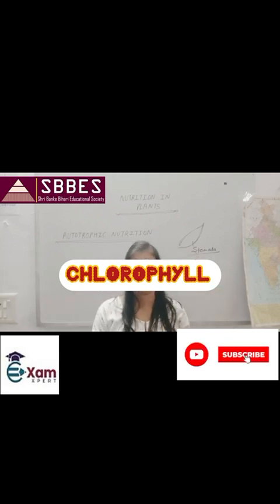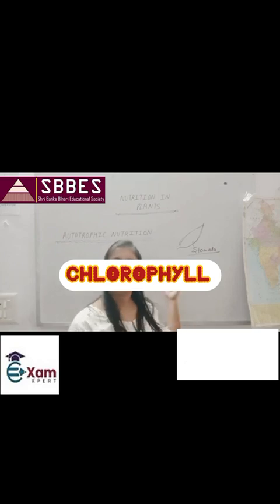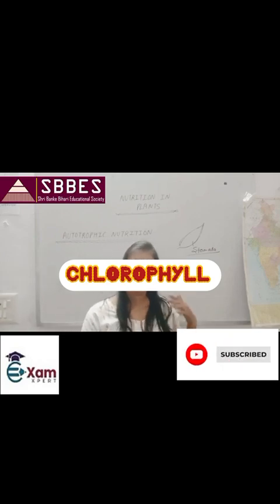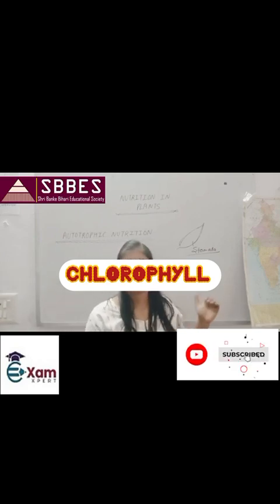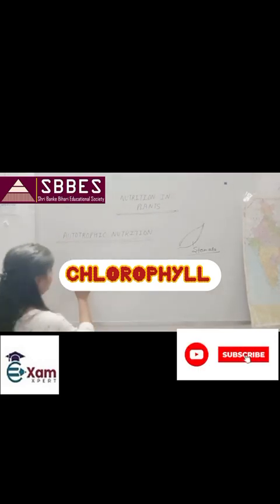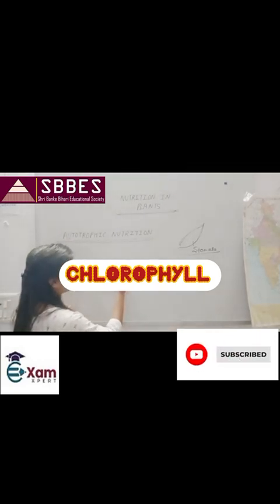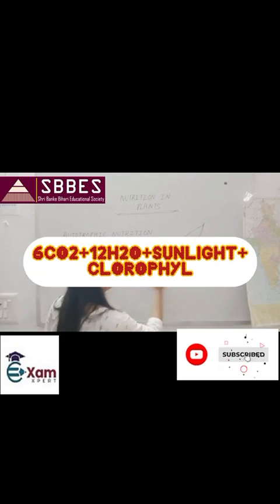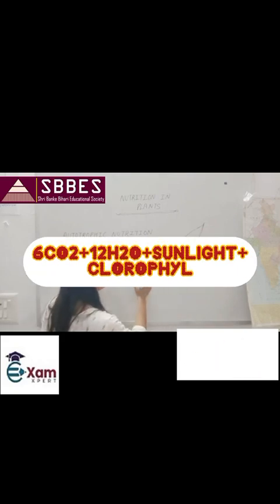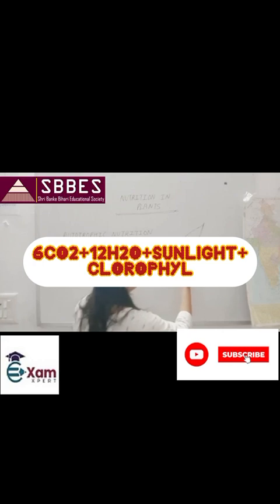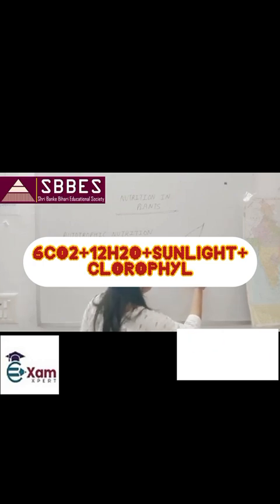Now I am going to write the equation of autotrophic nutrition, and then I will explain it further. 6CO2 plus 12H2O in the presence of sunlight and chlorophyll turns into C6H12O6.